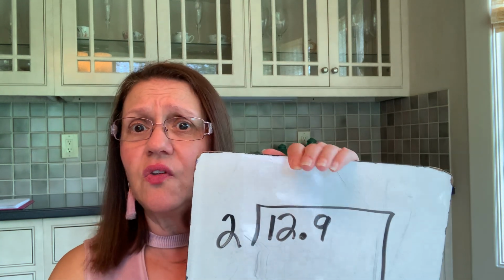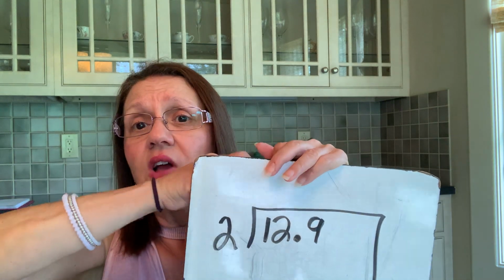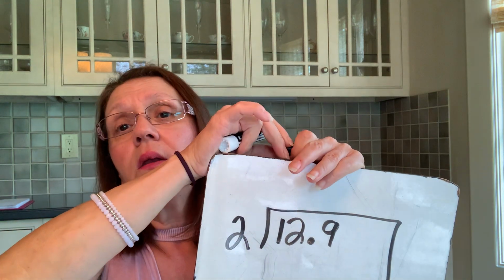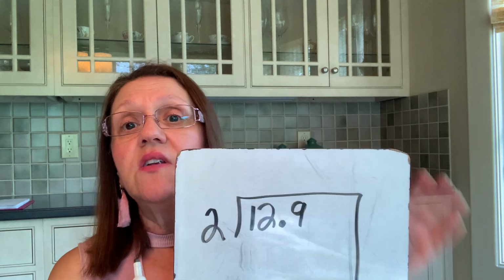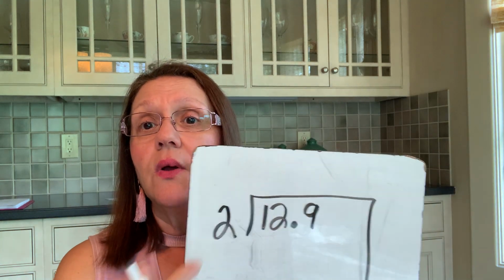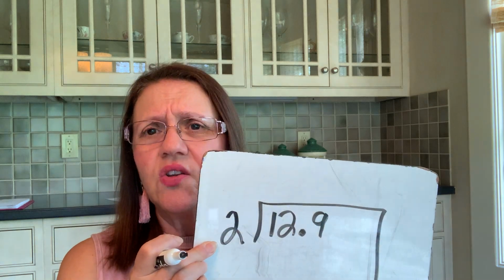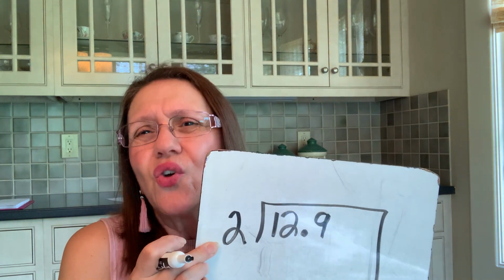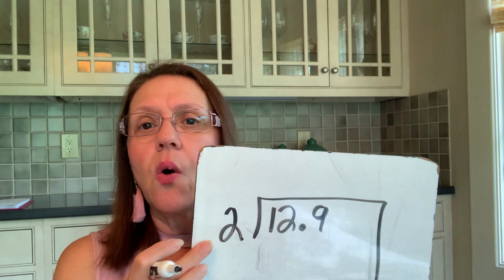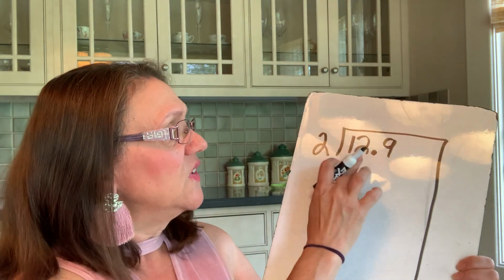So here's where we start. Kind of the same as starting with whole numbers. How many times does 2 go into 1? Well, it doesn't. How many times does it go into 12? So you can use your friendly numbers for this, but when you have a really easy divisor like 2, you're going to do it that way. So I'm going to say 6.